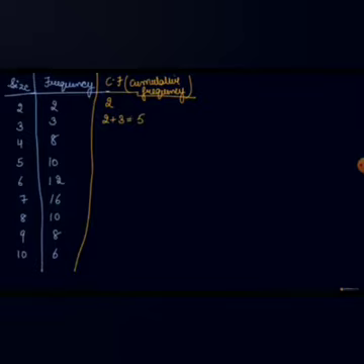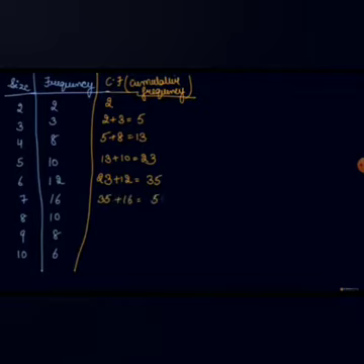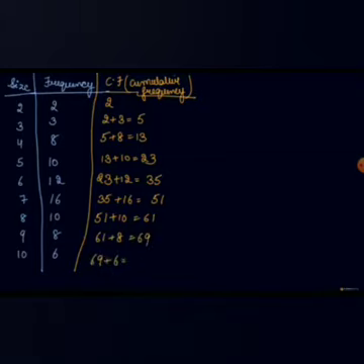Cumulative means you keep on adding. 5 plus 8, 13. 13 plus 10, 23. 23 plus 12, 35. 35 plus 16 is 51. 51 plus 10 is 61. 61 plus 8 is 69. 69 plus 6 is 75.